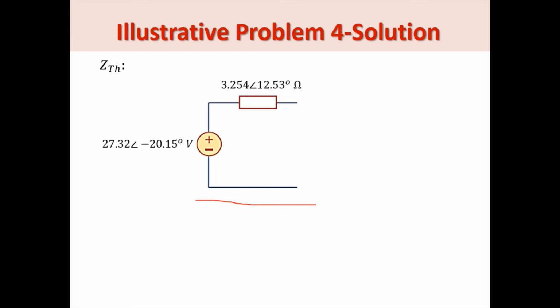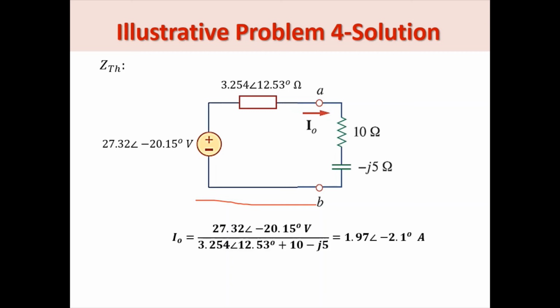And then after getting the Thevenin's equivalent, we could connect back the circuit that we have detached. And this is simply a single loop. We can apply here a simple KVL equation to compute for I sub naught, and that equation should be this one, which is sort of an Ohm's law, actually.